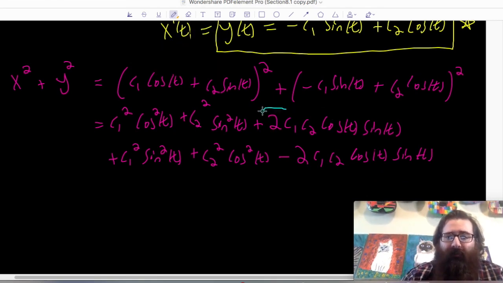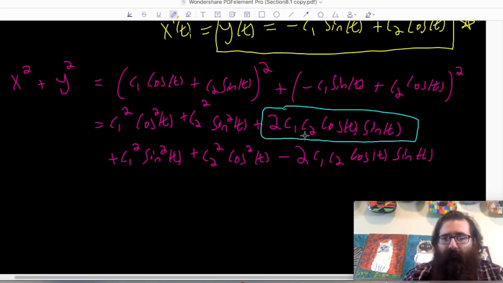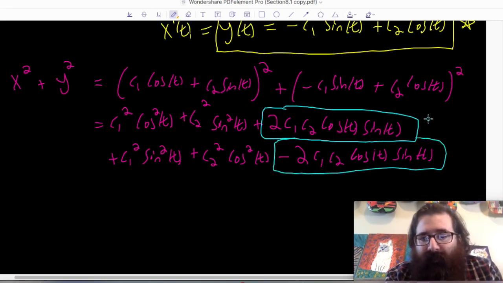I want you to notice that the outer and inner terms between the two squares actually cancel. We have positive 2 c sub 1 c sub 2 cosine t sine t, and we have a negative 2 c sub 1 c sub 2 cosine t sine t.